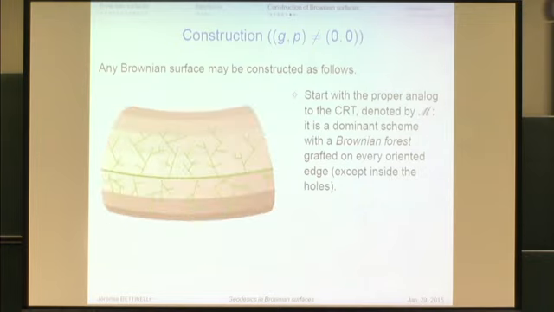So let's zoom in. Here this green thick line was an edge of the scheme, and here you can see the trees of the forest on every side of this edge. And then you do exactly the same thing. You add Brownian labels on this structure.